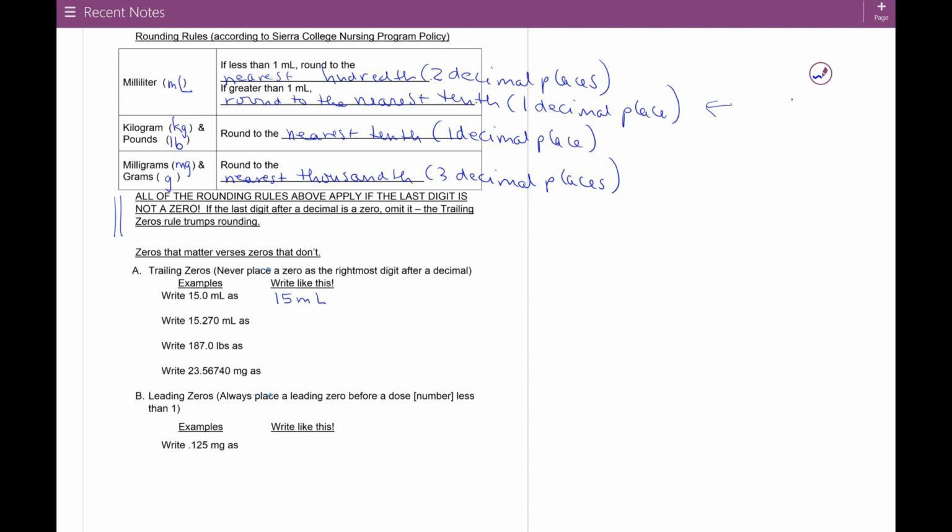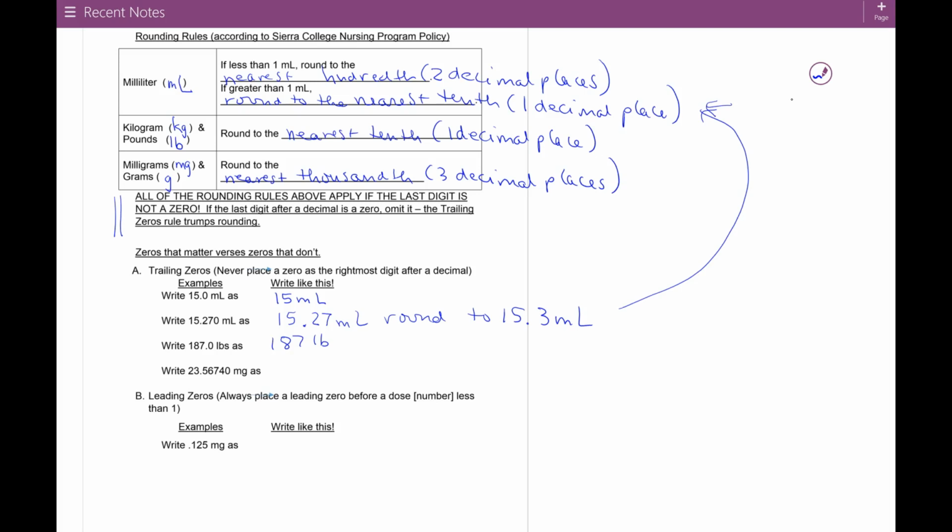So we would write 15.270 milliliters as 15.27 milliliters, but then we should round to 15.3 milliliters so that we're following the rounding rule. Then 187.0 pounds, we should write as 187 lb.